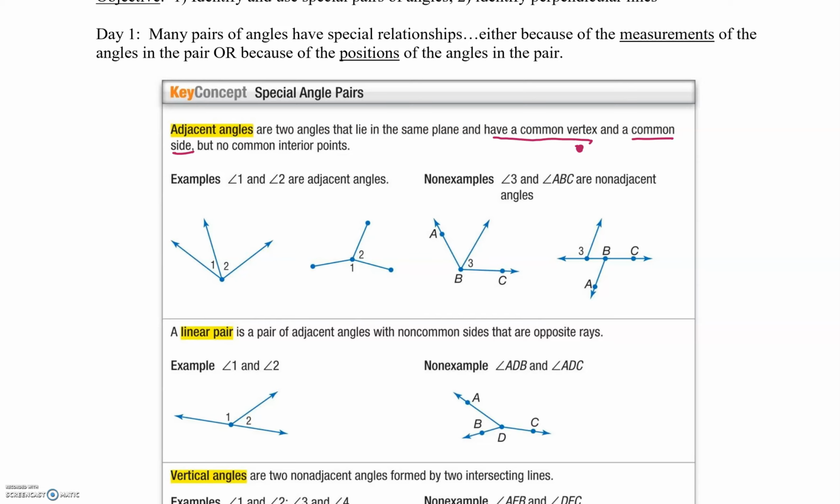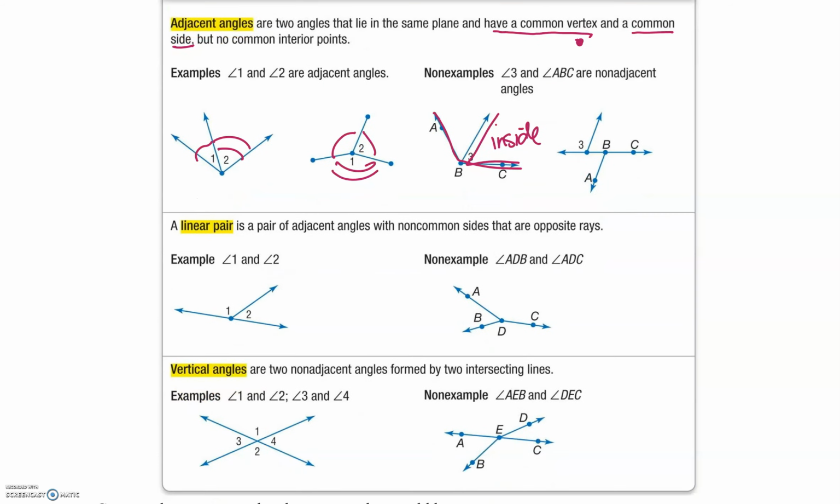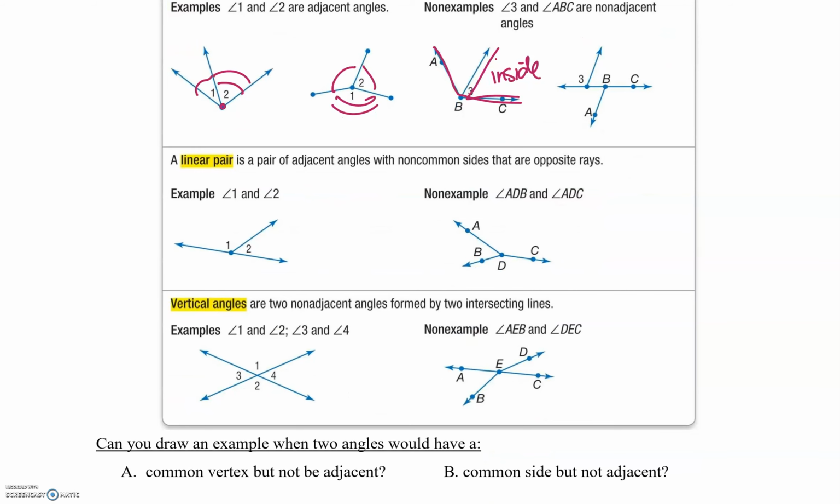So this one is a non-example because it is talking about this angle and this angle, which is kind of inside. And we don't include inside. It's when they're next to each other. So this one, this one and this one, that one as well. And then this one and this one. They're next to each other, sharing that common ray, common side, and then the vertex.